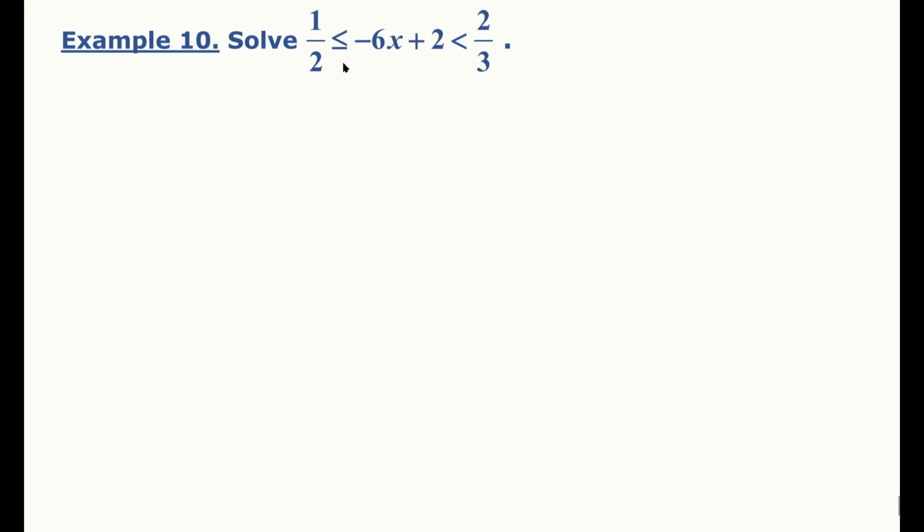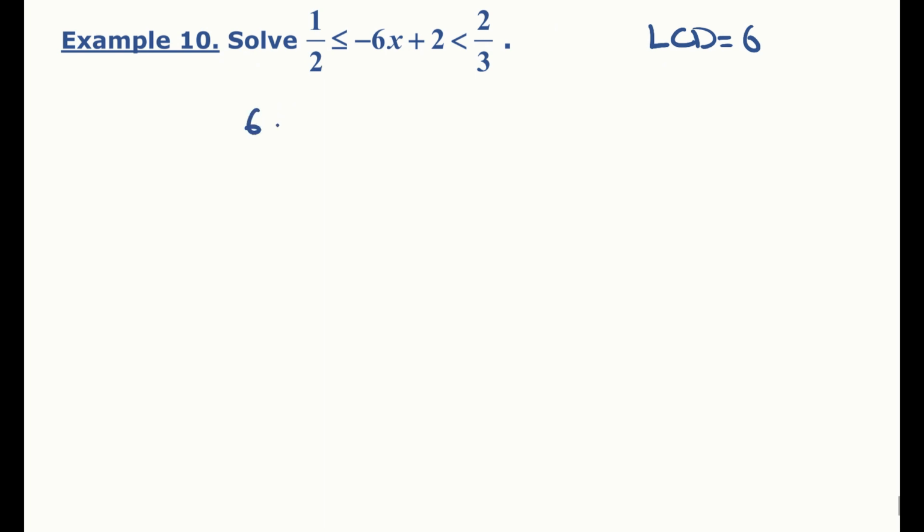Notice that the LCD of all the fractions in this particular 3-part inequality is 6, right? So we keep track of that. We put LCD is equal to 6. And now we're going to go ahead and multiply that LCD by all three parts of this three-part inequality.